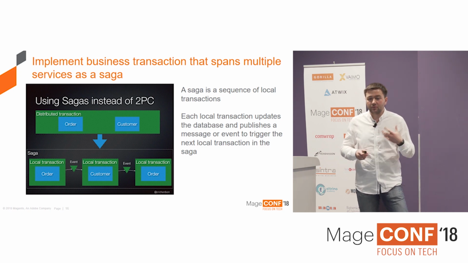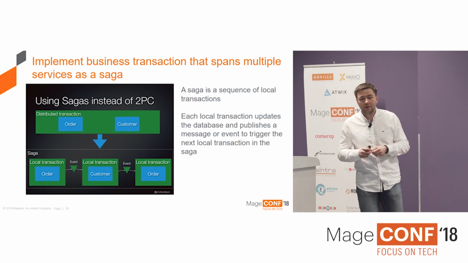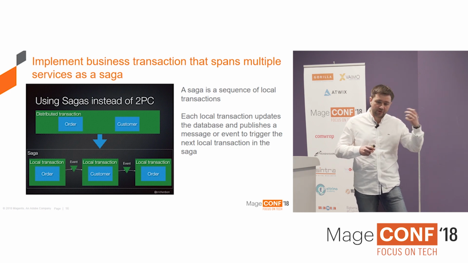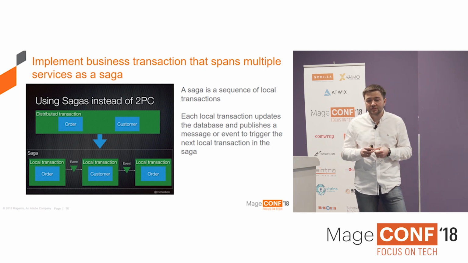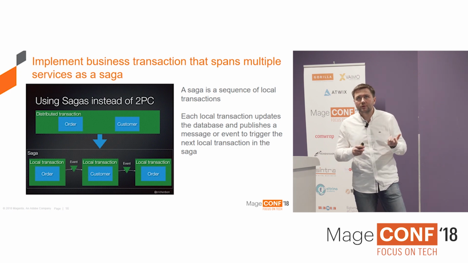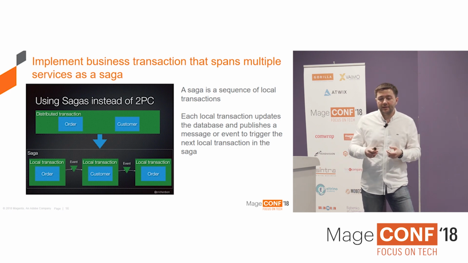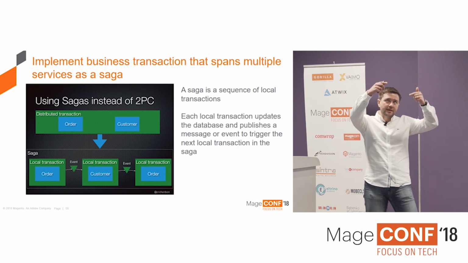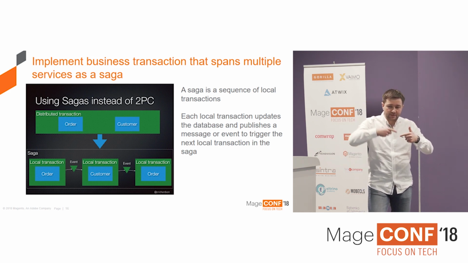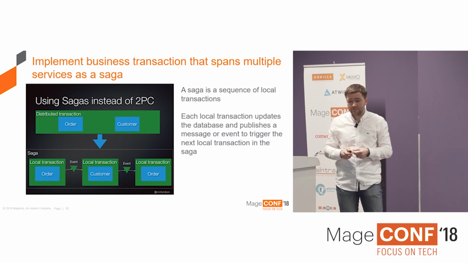But what we can do is make a transaction for the order placement. After that, we can issue an event for some customer changes, and put the order in some particular state, like pending, and do this chain of different transactions, proceeding from one state to another with the help of events.